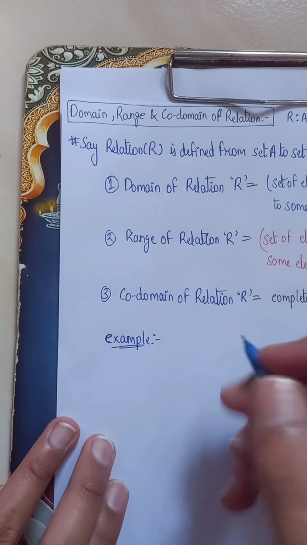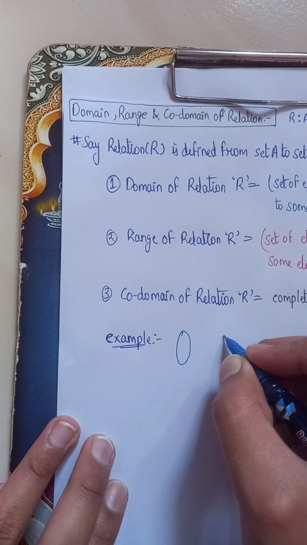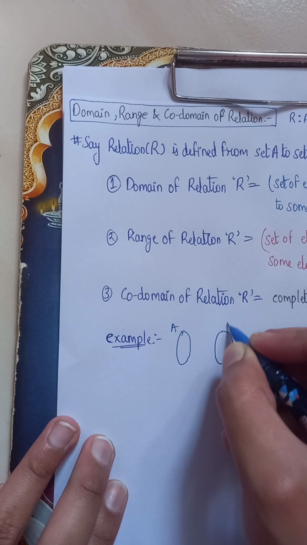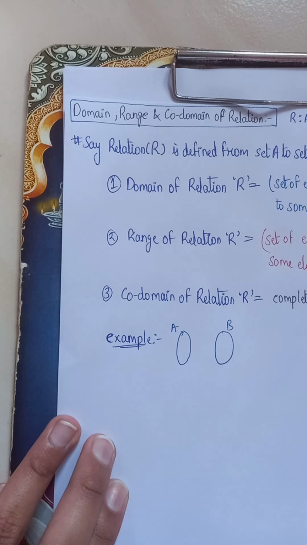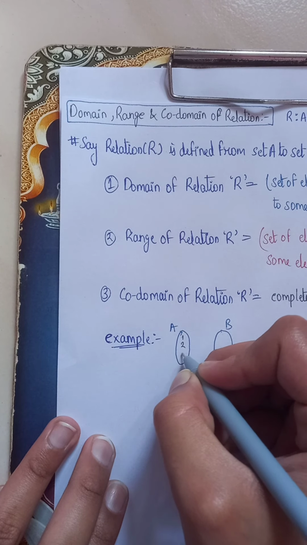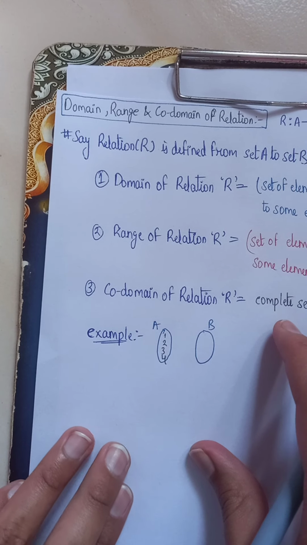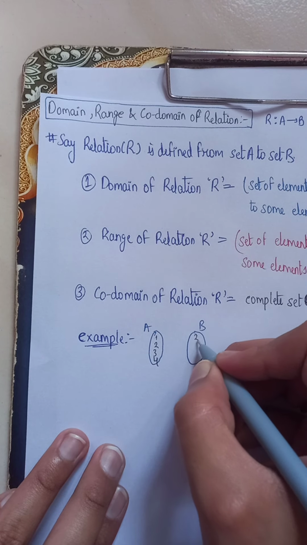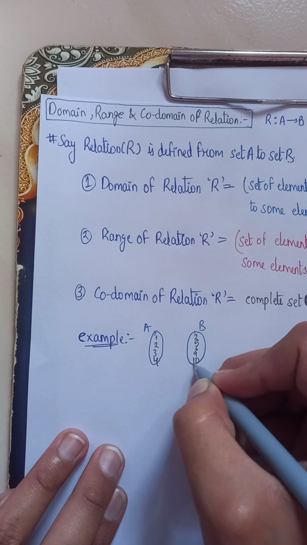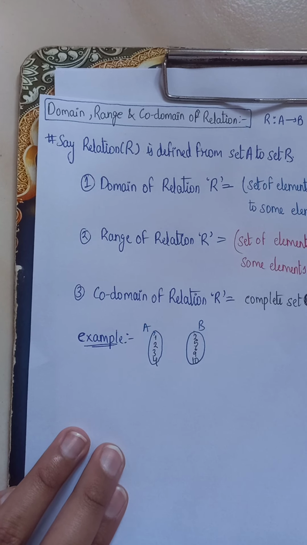The example says that suppose there are two sets, set A and set B. The elements of A are 1, 2, 3, 4. And what about set B? 2, 5, 6, 9, 10. So these are the elements.